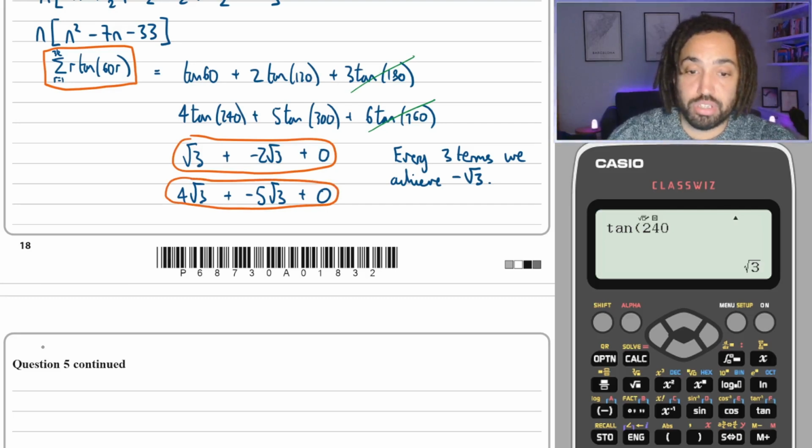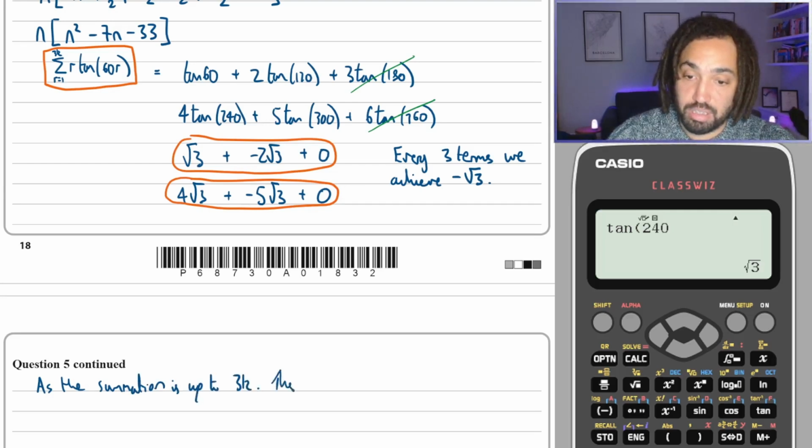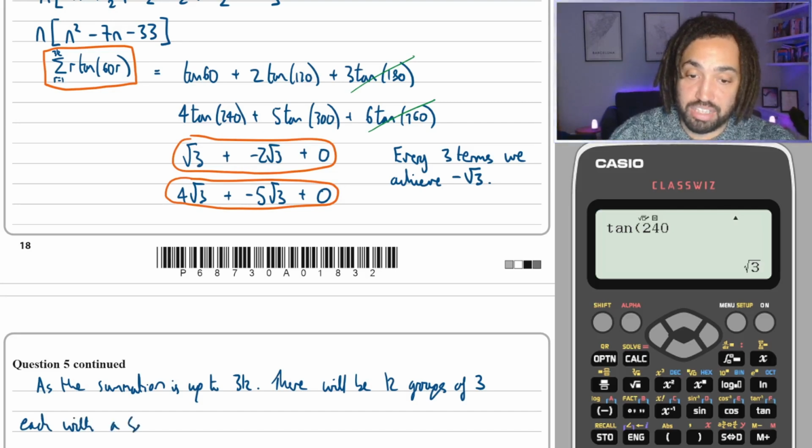Okay, so we could then say that as the summation is up to 3k, there will be k groups of 3, each with a sum of minus root 3.